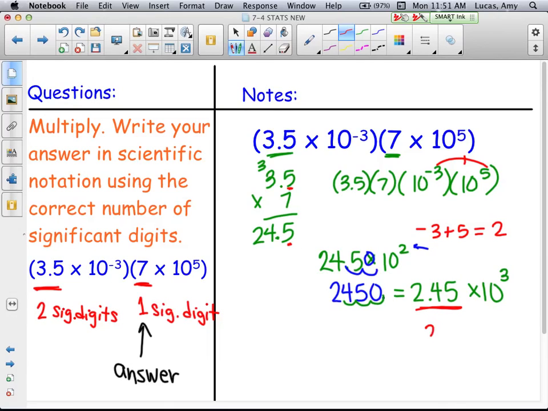So to the correct number of significant digits, my answer would have to be 2 times 10 to the third power. In our textbook, it will not ask you to use the correct number of significant digits, but on Study Island it will. So I just want to make sure that you've been exposed to this idea, and I'm sure you will see it again in science classes in the future.